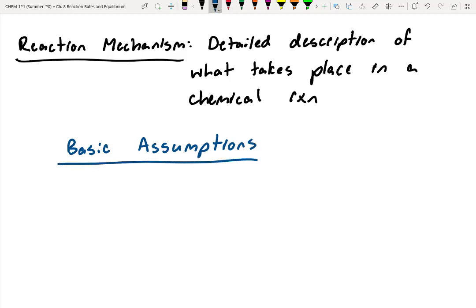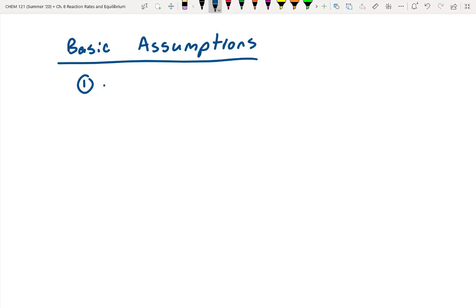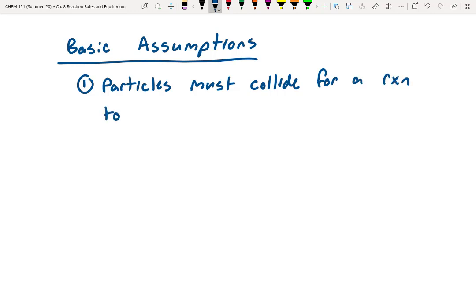All right, so number one, it's pretty straightforward. It basically says that particles must collide. That's kind of what I said before. For a reaction to occur. But like I said, we're going to put a little asterisk here because we know that decomposition reactions don't really fall into this. All right?